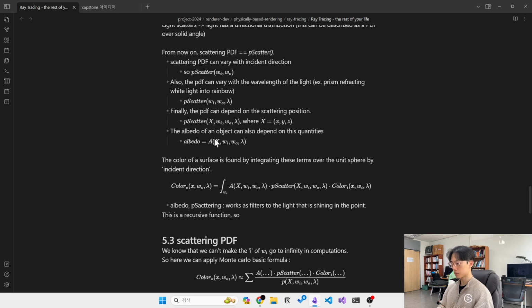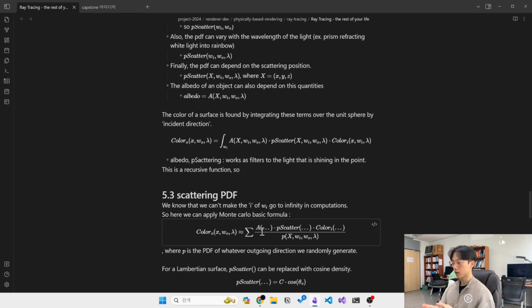By skipping some characteristics of the scattering PDF, the outgoing color against the incoming ray is exactly the same as this equation. So A is the albedo, P scatter is the scattering PDF, and the color is a specific color from the incoming ray, the incident direction.